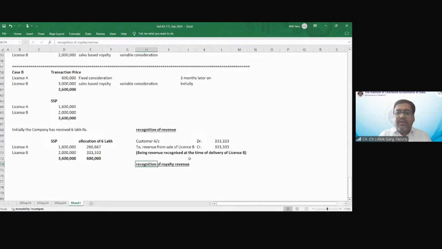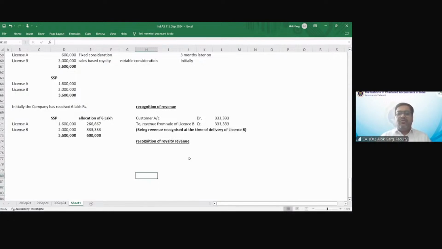Tell me whether this royalty revenue of 4 lakh needs to be allocated, or this entire royalty belongs to only license B. Whether this entire royalty belongs to license B or this 4 lakh of royalty is also required to be allocated. Tell me.